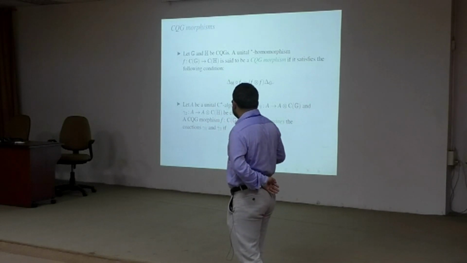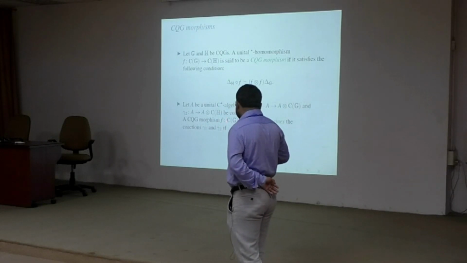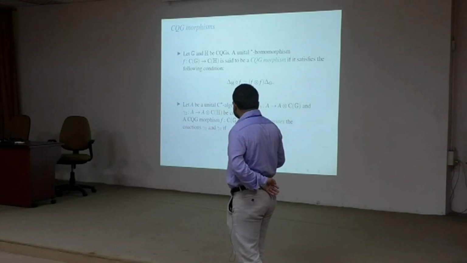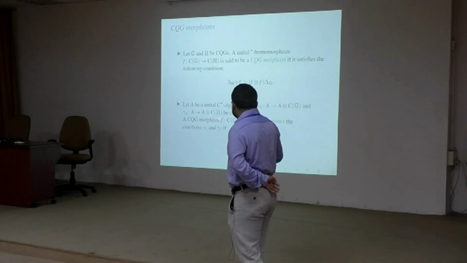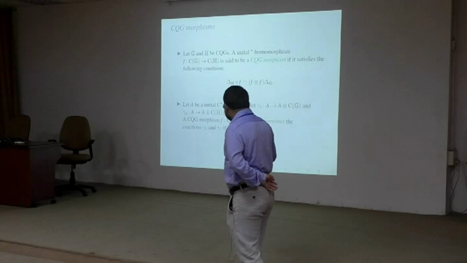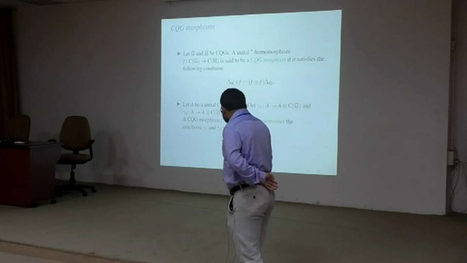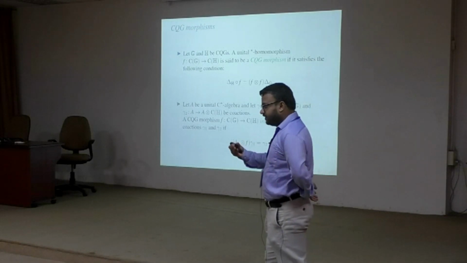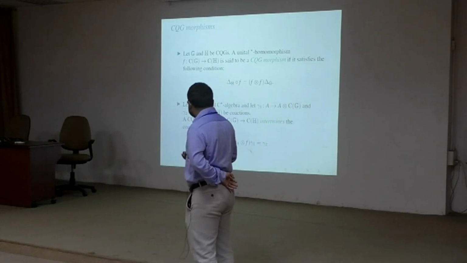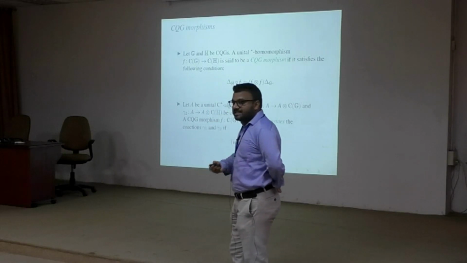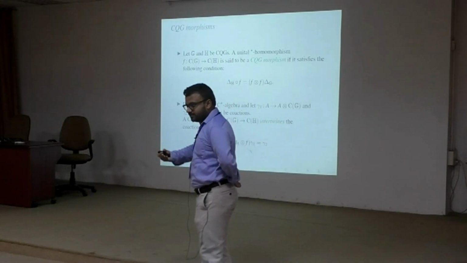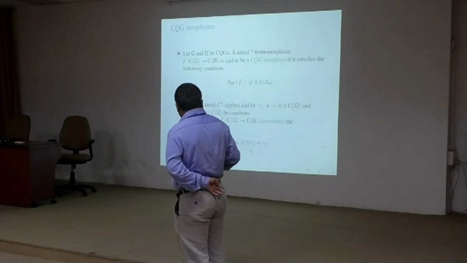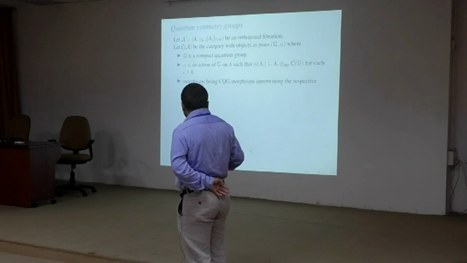And if you have a quantum group homomorphism from C of G1 to C of H, then you say that this CQG morphism intertwines these actions if you have this condition. So it's basically like you are considering this category of algebras with a group action, in a way.